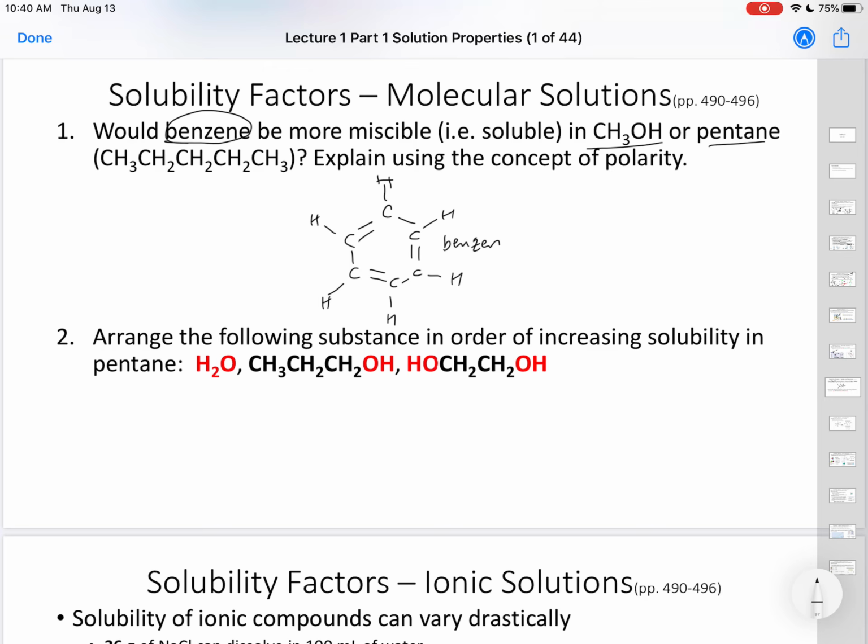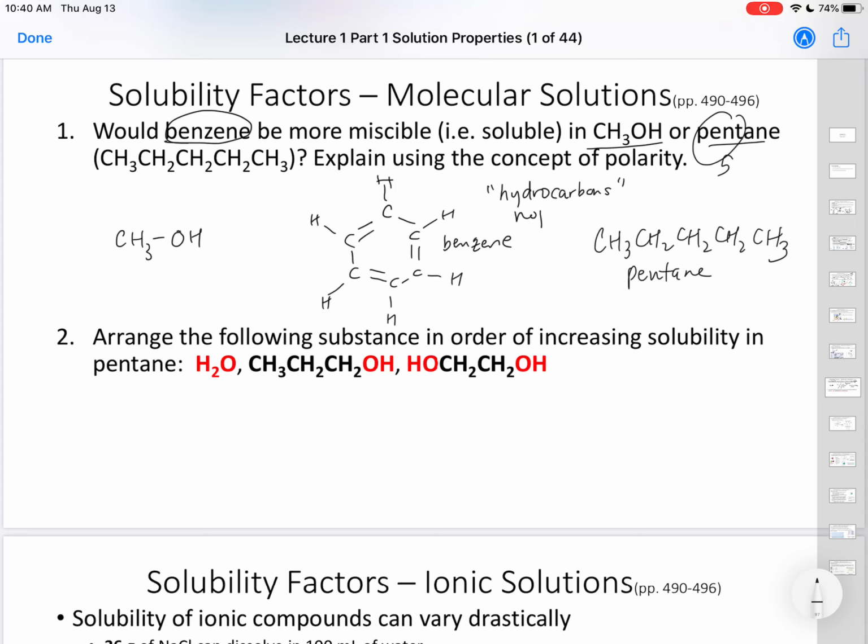In comparison, CH3OH, and pentane. Pent is 5, right? So there are 5 carbons: 1, 2, 3, 4, 5 carbons. And of course, a bunch of hydrogens. In this particular case, you would say that both benzene and pentane are what we call hydrocarbons, or nonpolar species.